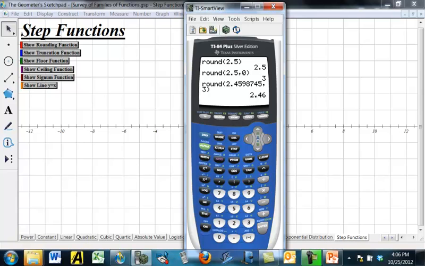It's still 3 decimal places because it's 2.460. Okay, so there's a 0 there. It's not writing it, but it's 3 decimal places. So there we go to 4 decimal places and so forth. So you can specify how many decimal places.